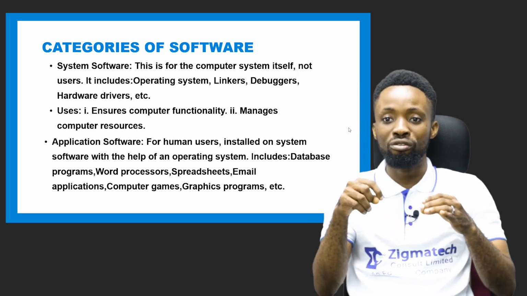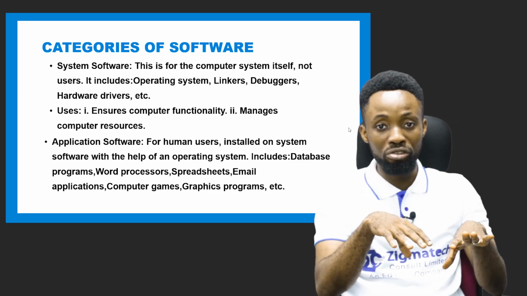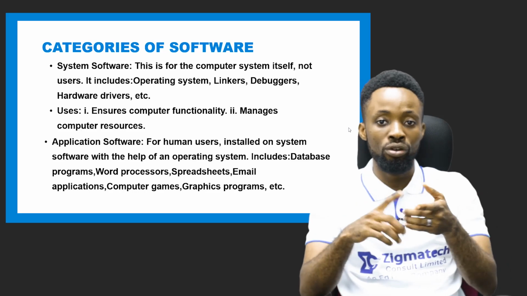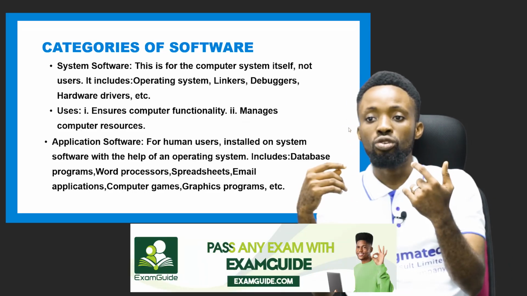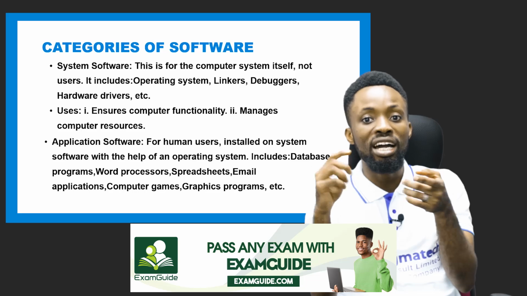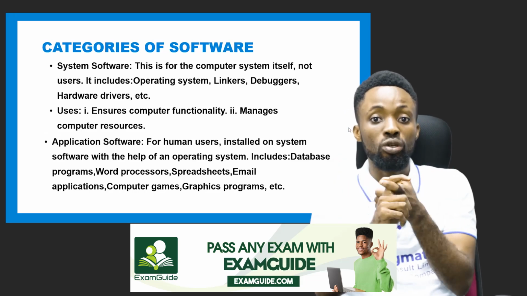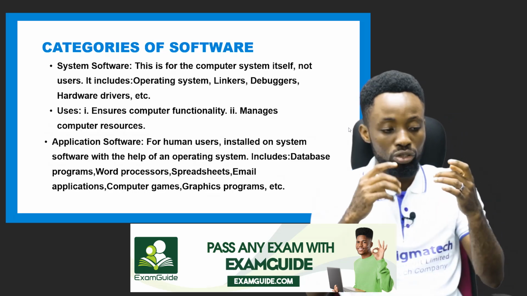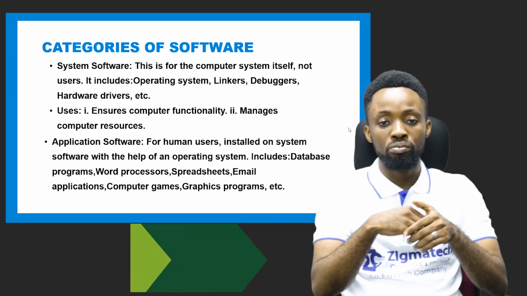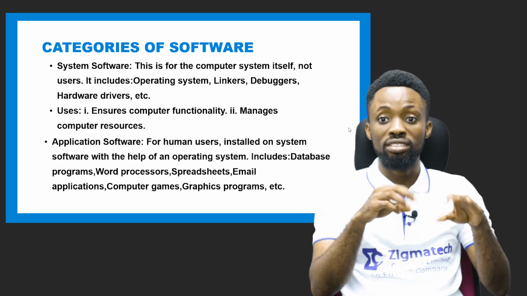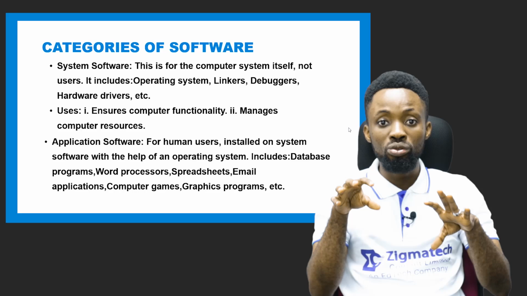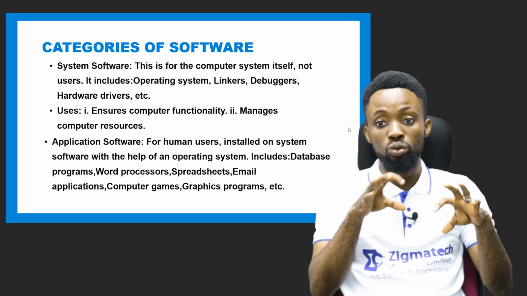With the help of the Android operating system, it will function. So apart from the operating system for the computer, we also have things like the linkers, the hardware drivers that help us to set up the system, and also the debuggers for helping us to debug issues with the computer system. So all of these softwares are inbuilt, and they help the computer to function.